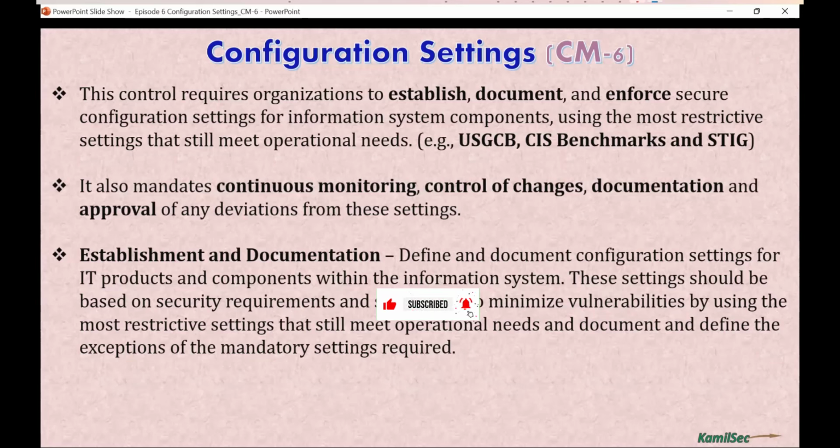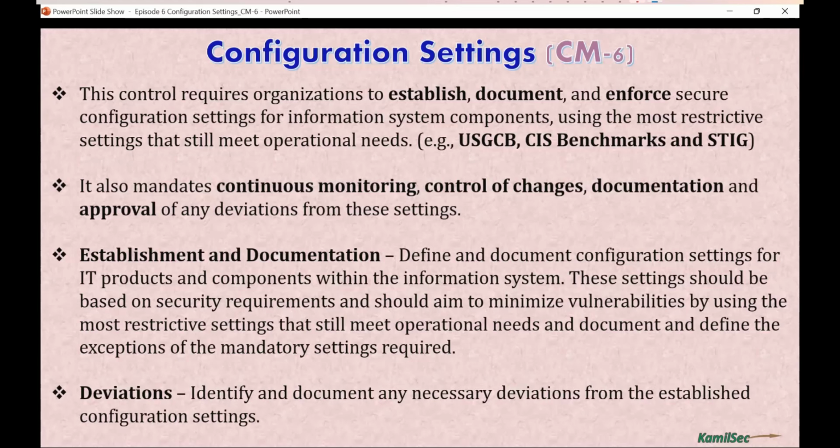So if there's any deviation, or if the system team cannot implement any of these recommended benchmarks or hardening procedures, it has to be documented as to why, that is the rationale as to why these settings or benchmarks and hardening procedures cannot be implemented on a particular system.